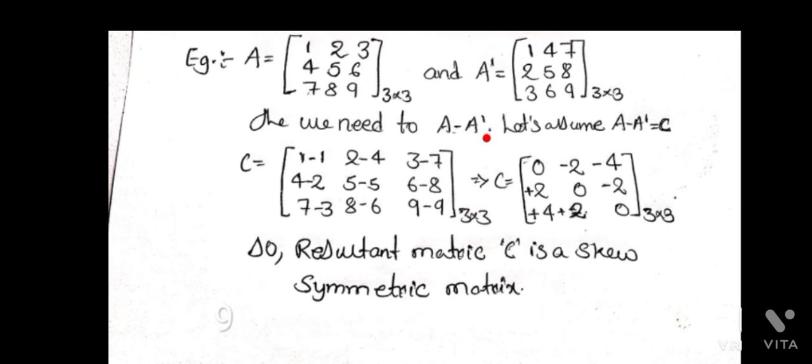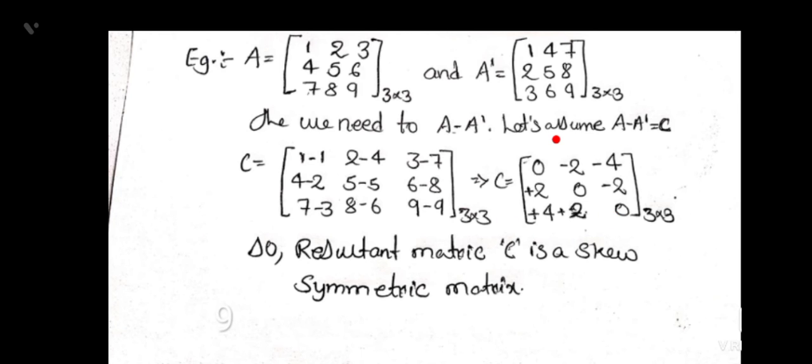Let's assume A minus A dash is equal to C. Then C is equal to 1 minus 1, 2 minus 4, 3 minus 7, 4 minus 2, and similarly all the remaining entries. Then what we get as the result is nothing but a skew symmetric matrix.